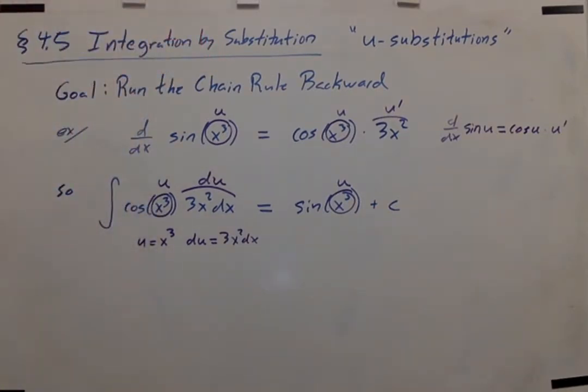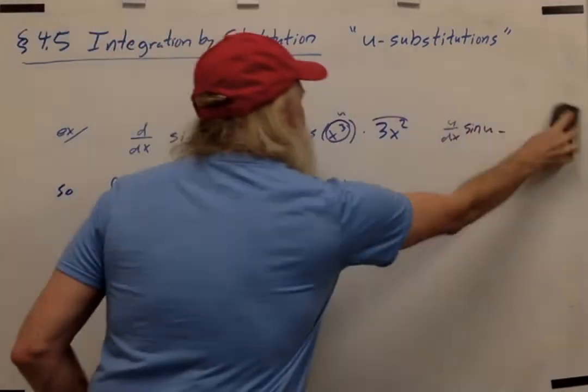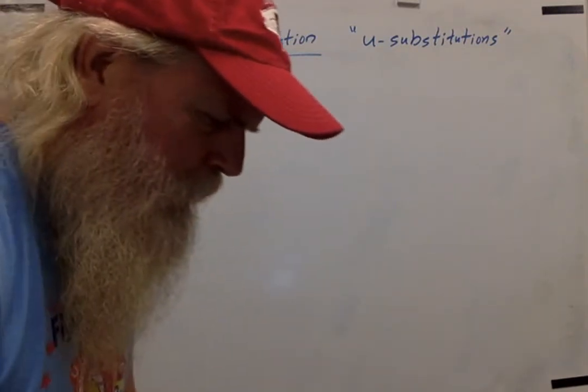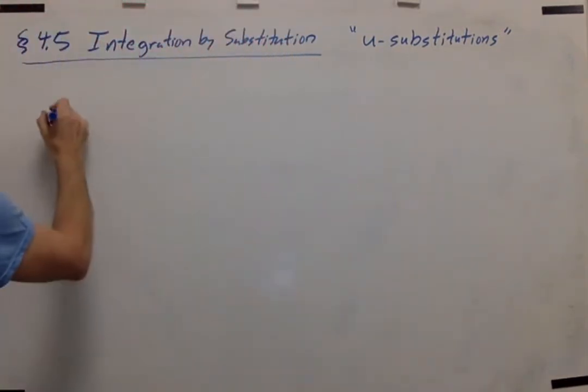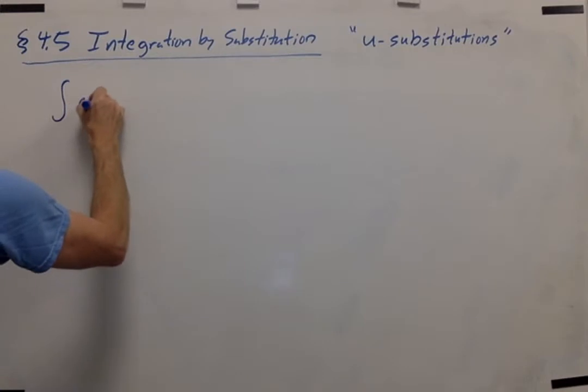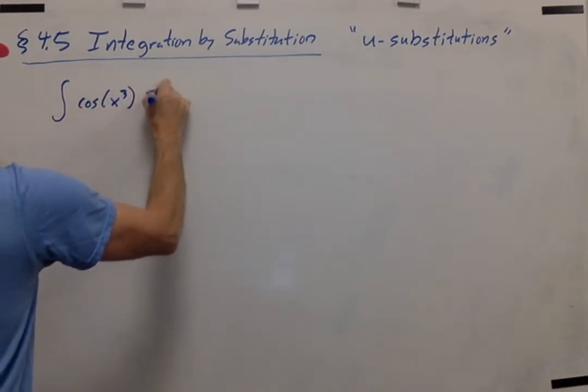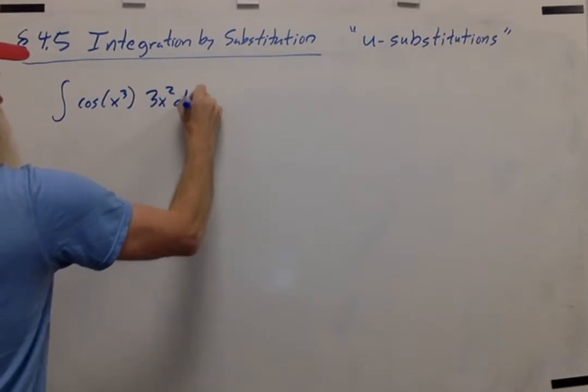So let's see if we can put this into a more step-by-step procedure. Let me show you what it's going to look like when we find the antiderivative of cosine of x cubed times 3x squared dx.